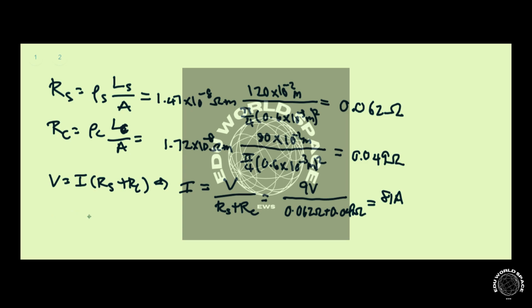Okay, and so the 81 amperes will be the current that flows through the segment of silver, but also in part B, they ask, or rather, in part A, it's for copper, and part B is the current in the silver.